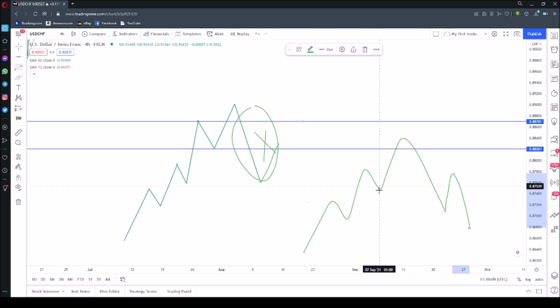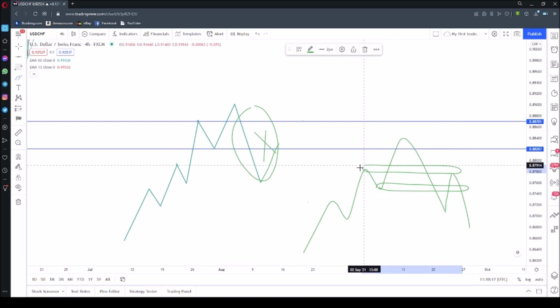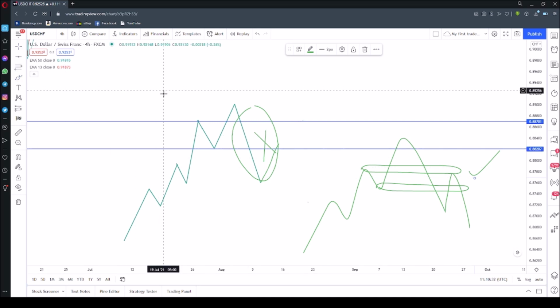So in this case, we had this order block and this one. Therefore, this one was the first one above the 50, so it is the one that we were going to pick. To have a full understanding of this concept, let's jump over to the charts and see how it goes.